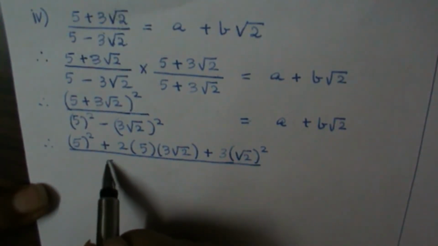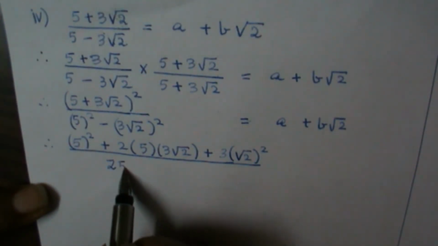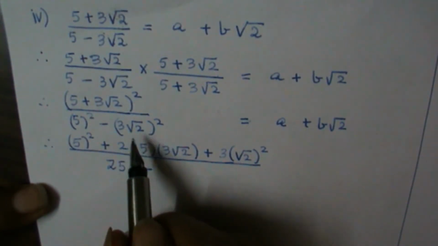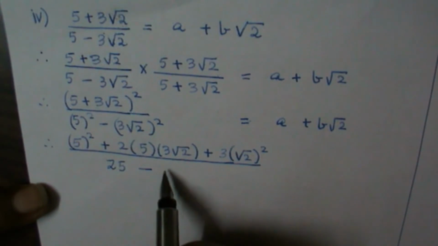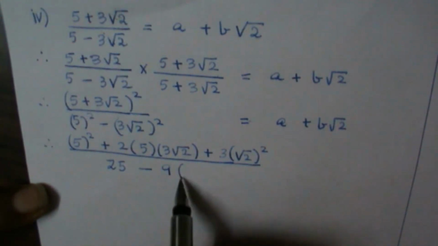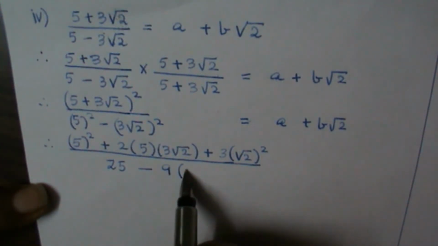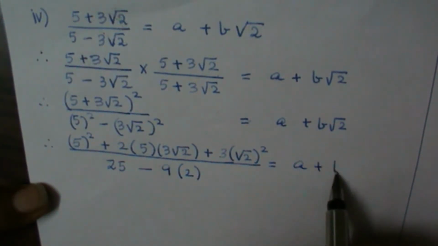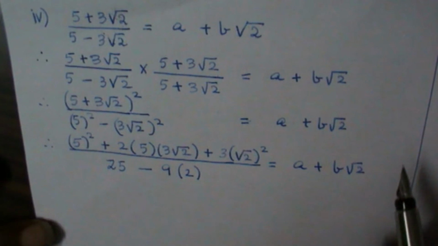And upon it will be 5 squared, which is 25, minus (3√2)², which is 9 and √2 squared is 2, and that is equal to a + b√2.